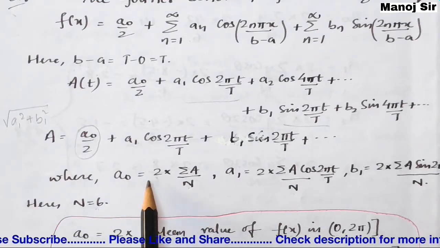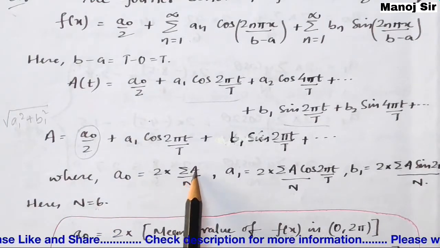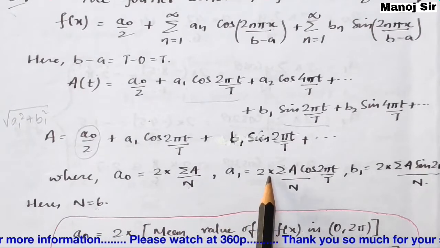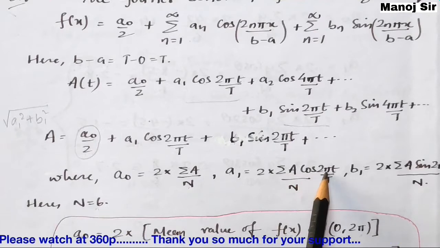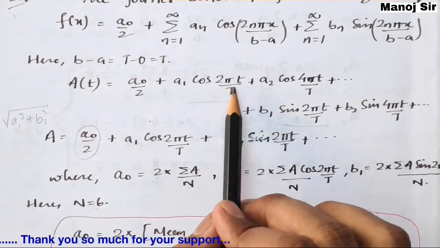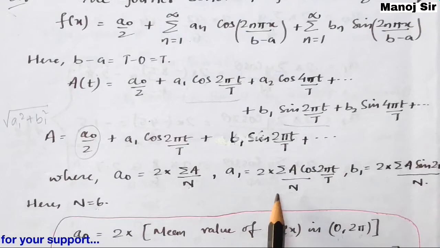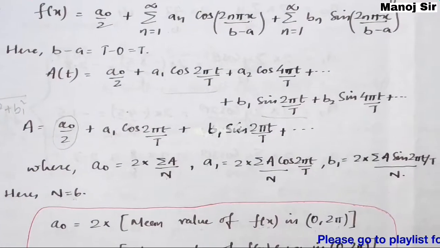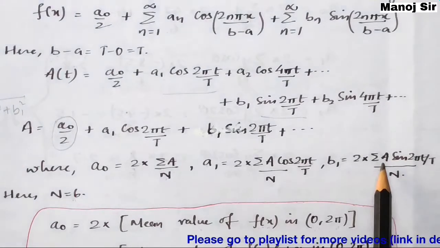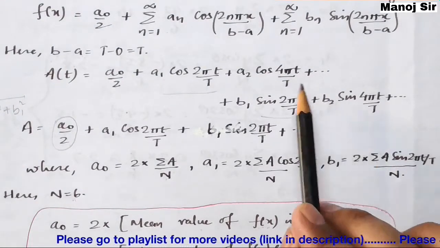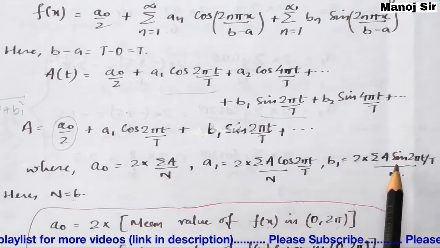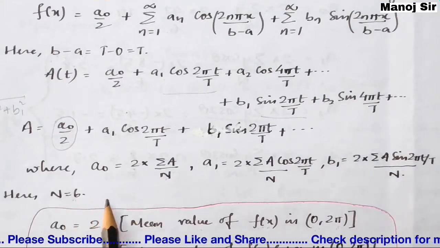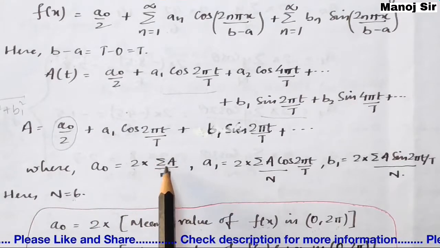So a naught equals 2 into the summation of a upon n. Again, a1 equals 2 into the summation of a into cos 2 pi t upon T, upon n. If you want to find b1, that is 2 into the summation of a into sine 2 pi t upon T, again upon n, where n equals 6.